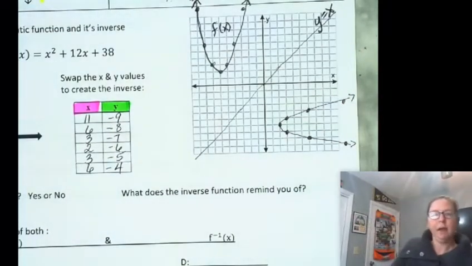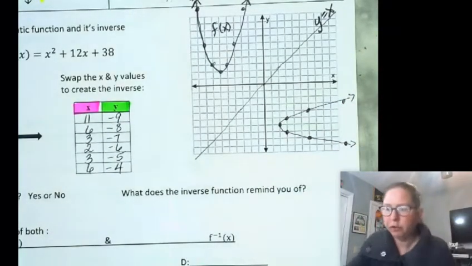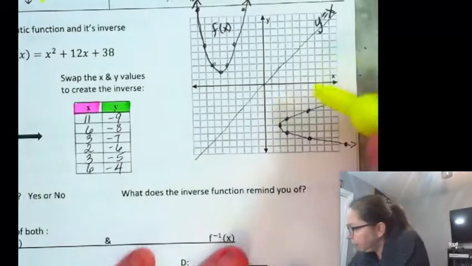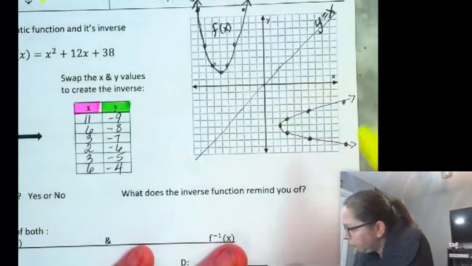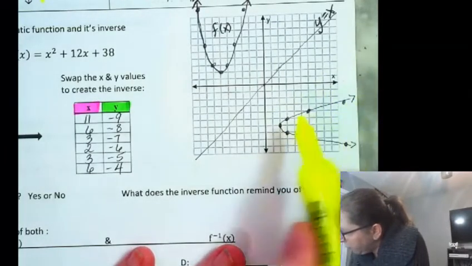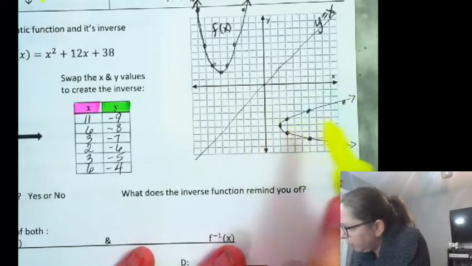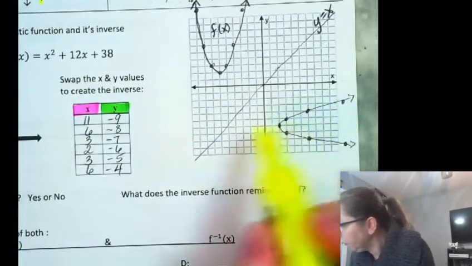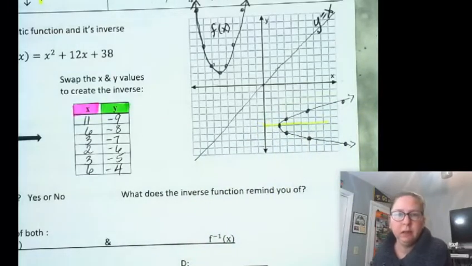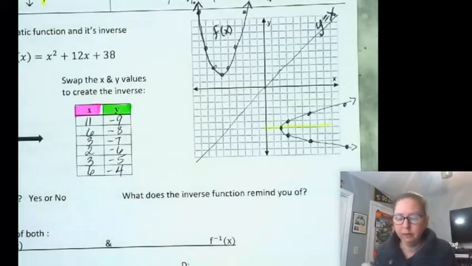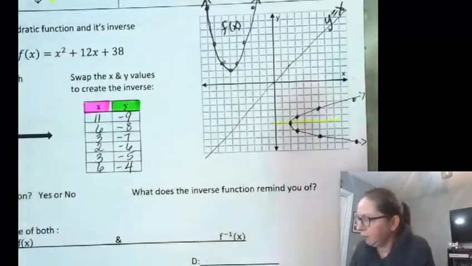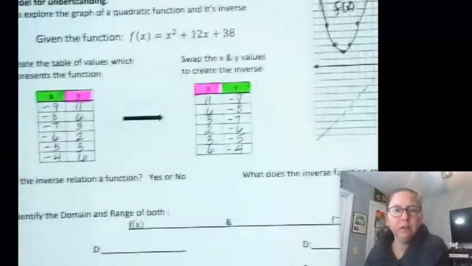Is this a function or not? You can pick any spot and draw yourself a horizontal line. So my horizontal line, and this is a function, because it passes the horizontal line test.